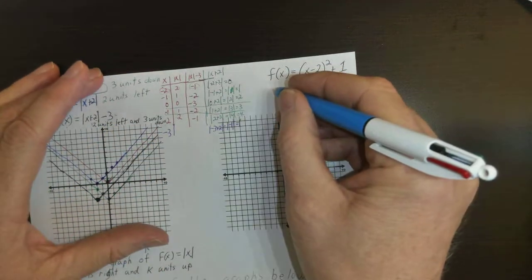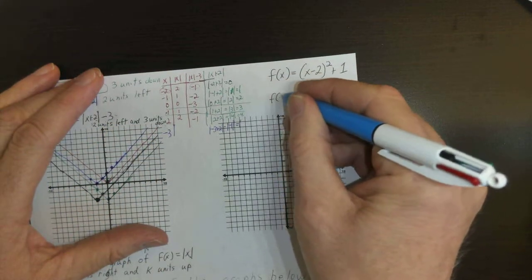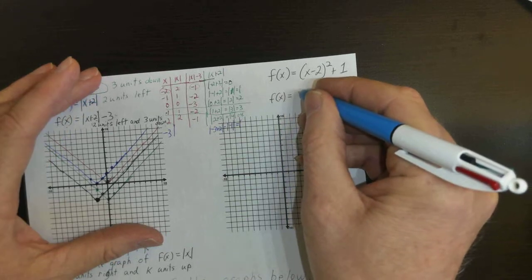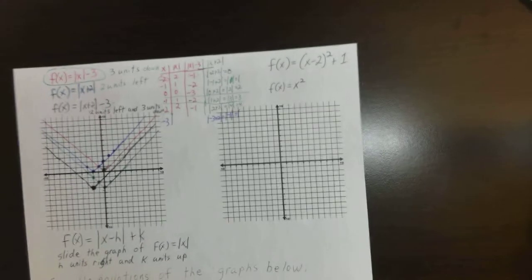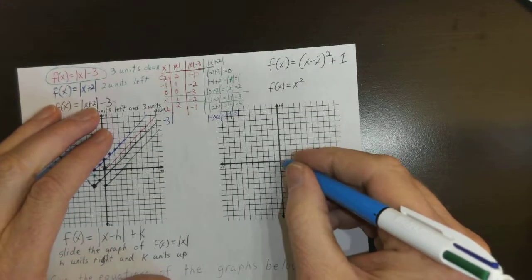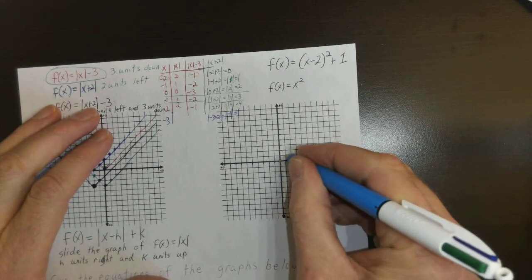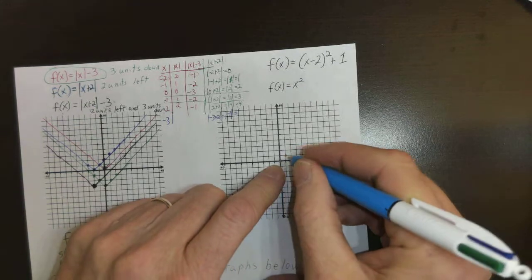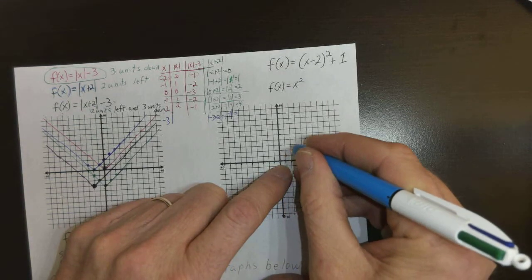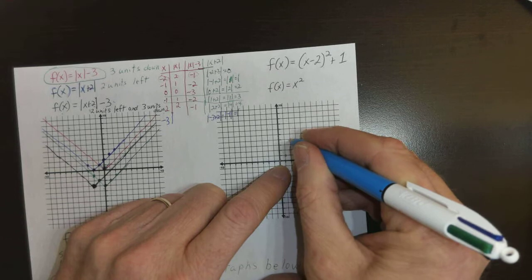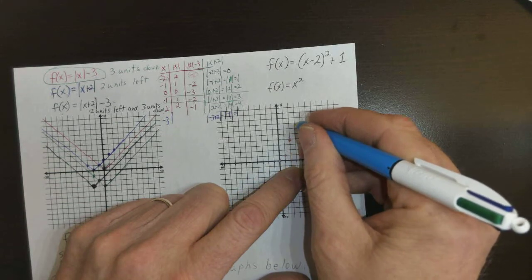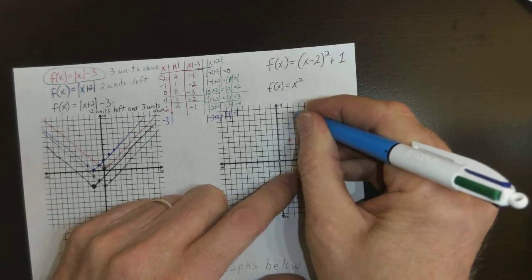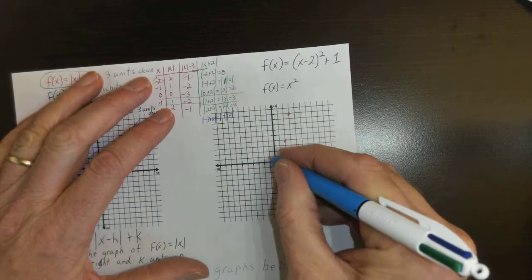Okay, I am going to graph the parent function, f of x equals x squared. I'll do it in red again. Okay, remember 0, 0, 1, 1, 2, 4. I'm just going from what we did on the other side. 3, 9, 4, 5, 6, 7, 8, 9. And then on this side, we have the same thing.